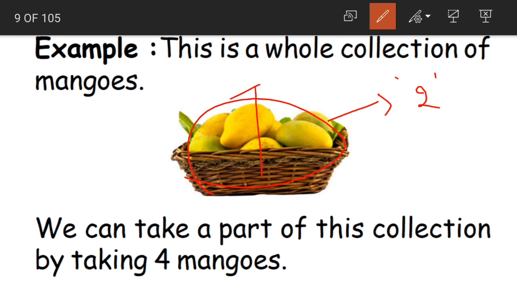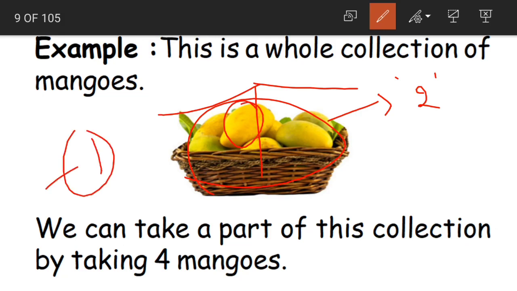Now these have to be distributed among 2 families. What will we do? We'll take each mango, cut it in half and distribute? No, right? We'll count the total number of mangoes and then distribute them equally.